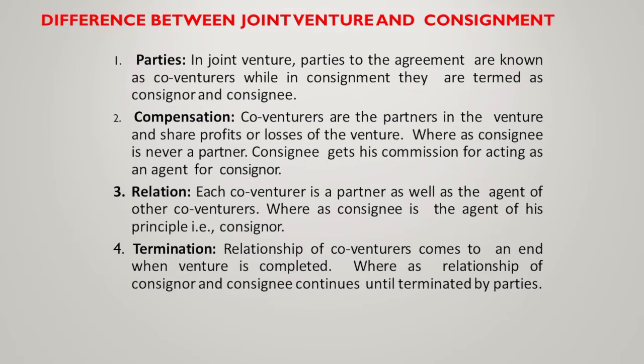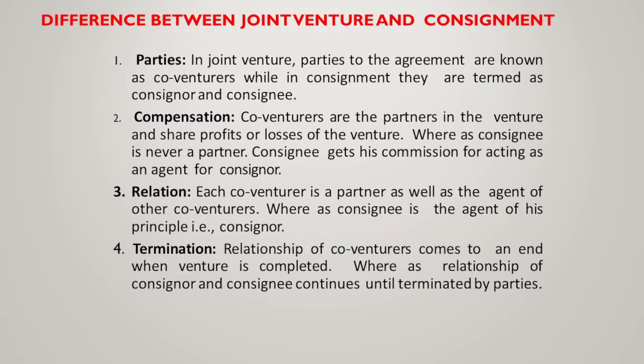But in the case of consignment, profit goes to the consignor and commission goes to the consignee. So compensation means remuneration for doing the business: it goes to all co-venturers in a joint venture, but in consignment, the consignor takes profit and the consignee gets a commission. Relation: each co-venturer is a partner as well as an agent of the other co-venturers.